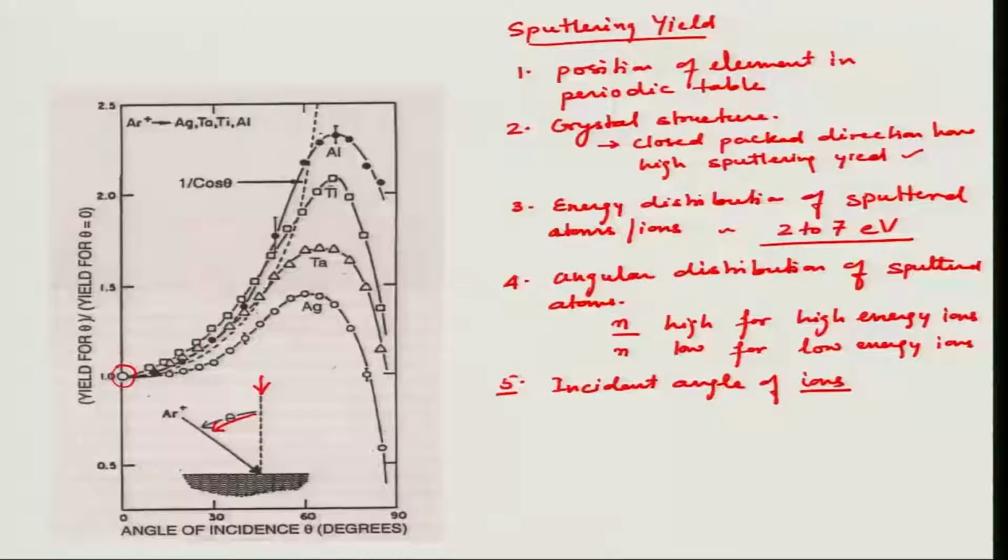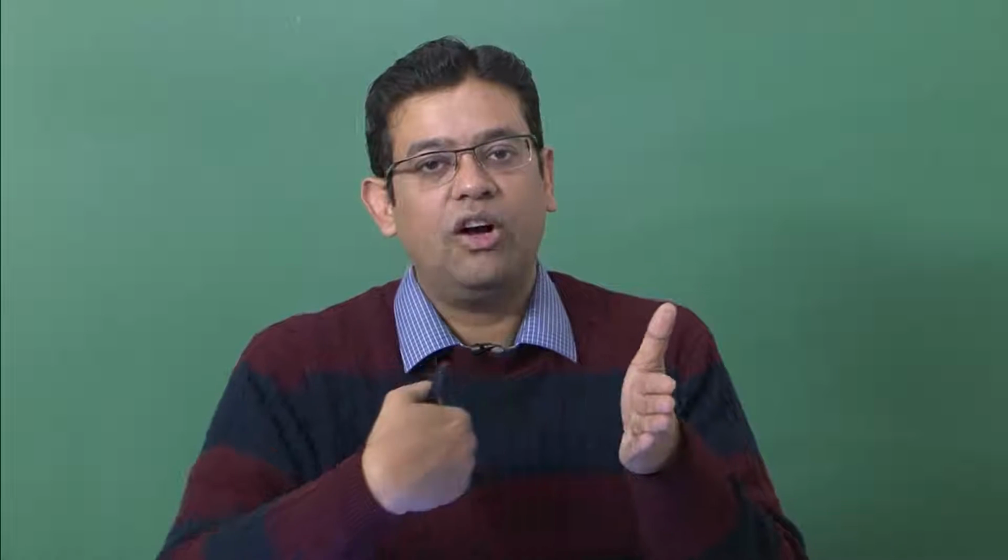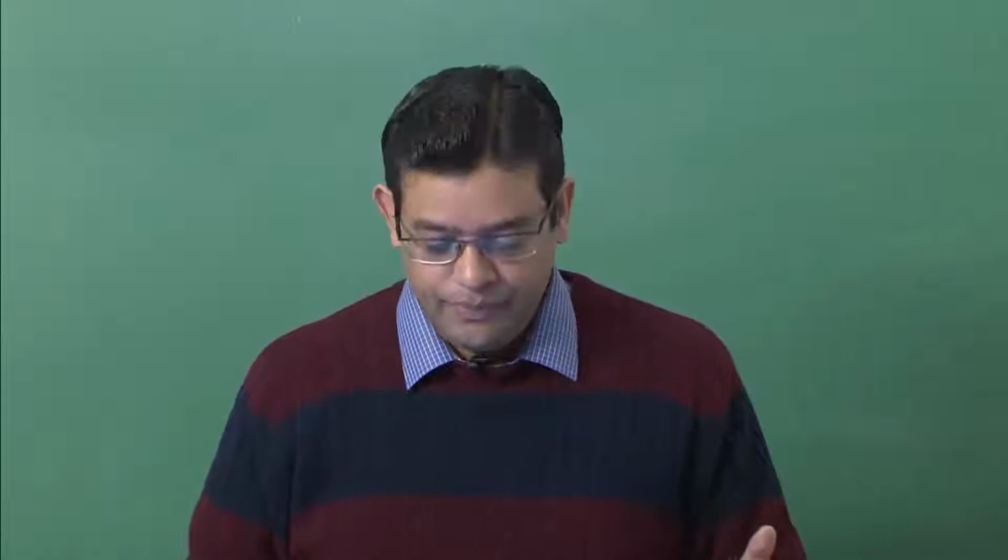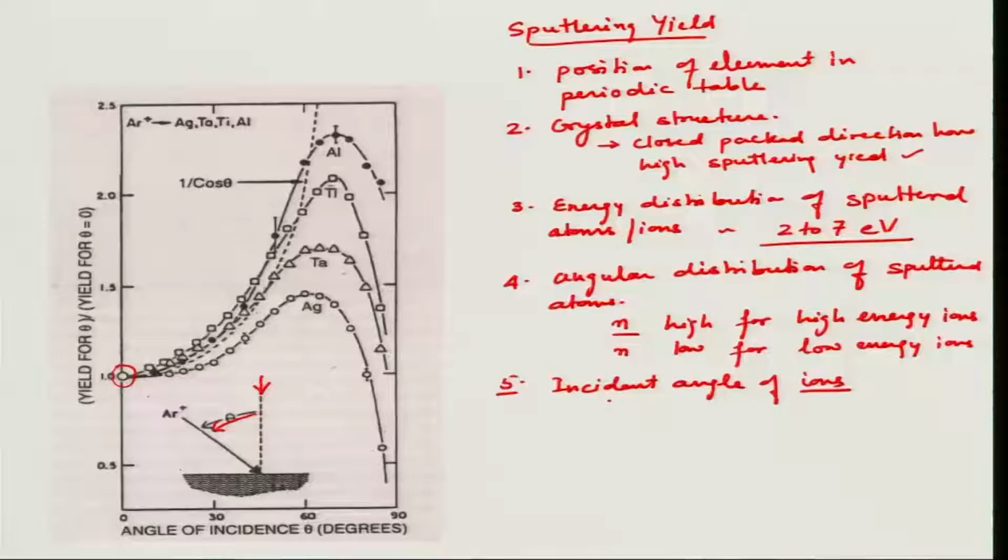So, the sputtering yield increases. Then if the angle from the normal to the surface is very close to 90 degrees, the ions will just glance off from the surface and will not be able to transfer the energy. So, the incident angle of ions is also very important.